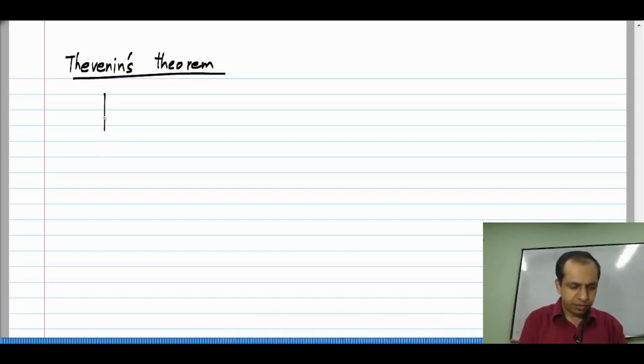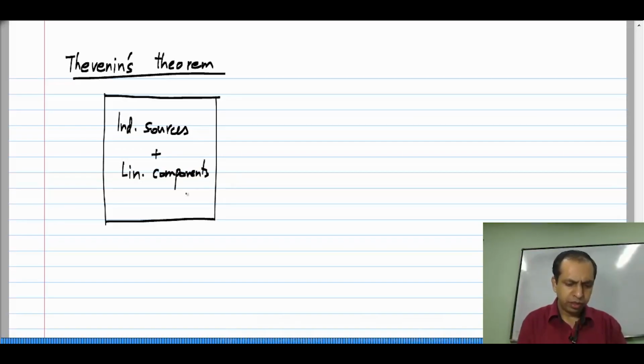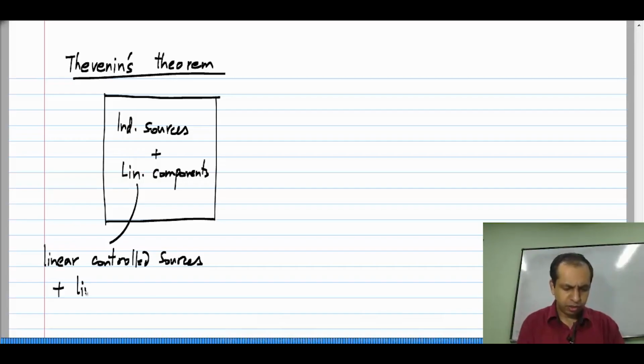Let us say you have a circuit with a number of independent sources and linear components. Linear components of course mean linear controlled sources plus linear resistors.